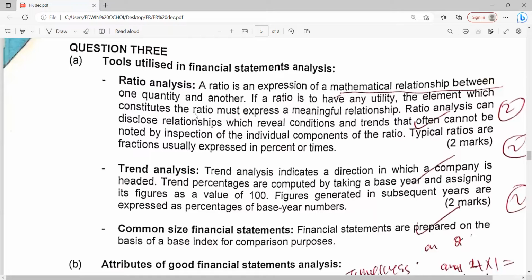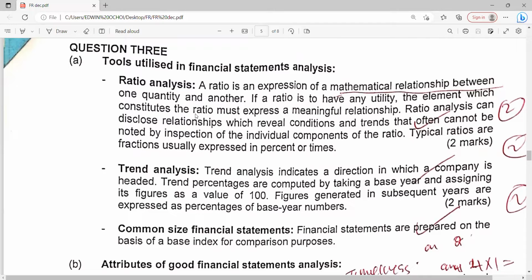So typical ratios are fractions usually expressed in percentage or times. So we have done some expressed in fractions, right? Which ratio was expressed in fractions? Two of them. Current ratio. And the other one is acid test.